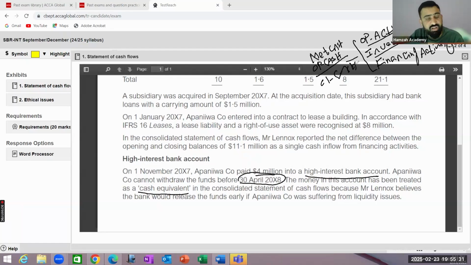Now, Mr. Linonix is treating this high interest bank account as a cash equivalent. Okay, he is treating it so, but we need to establish what is the meaning of cash and cash equivalent.